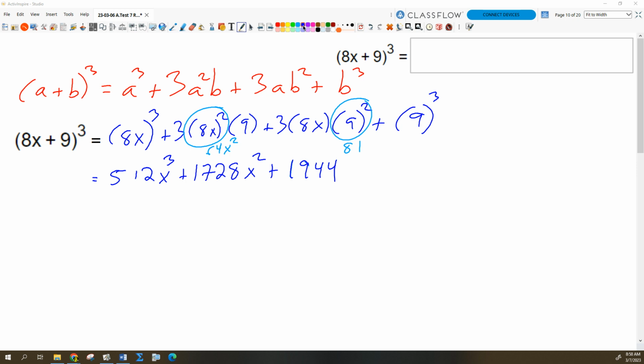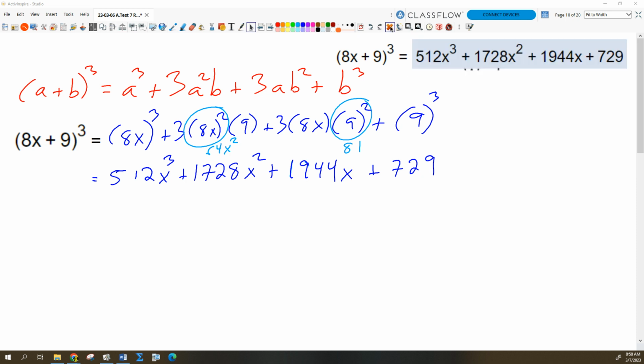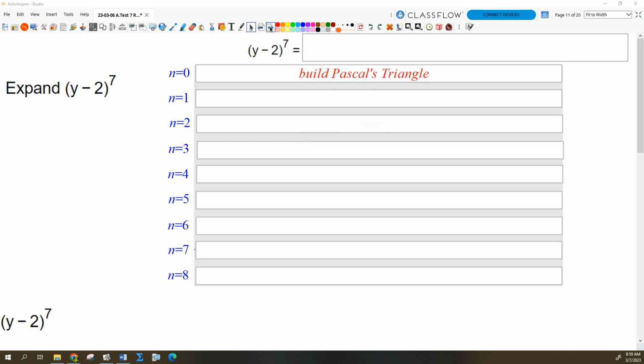What power of x there, everybody? 1, okay. And then 9 cubed, that's just 729. Okay, so there we go. That's our answer, right? Okay, good.